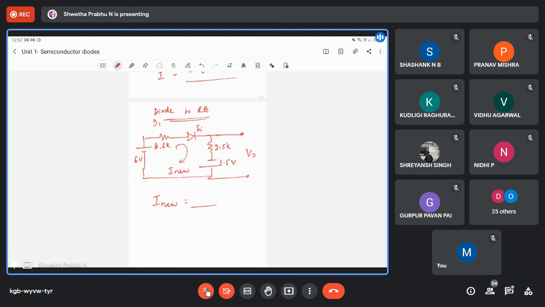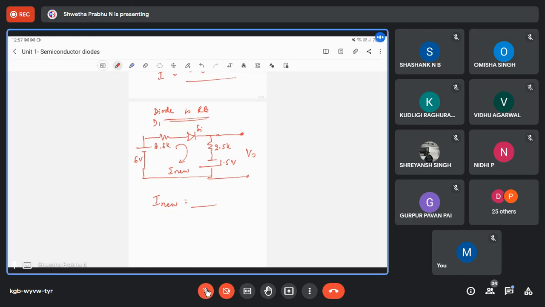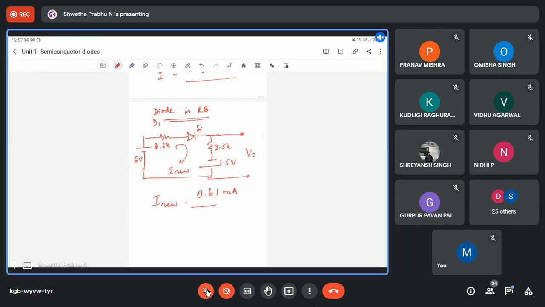Yes, guys, tell me what is the I new value? 0.6 milliamperes. Did you get this? Yes, ma'am. Okay, once you have calculated I new, find the output voltage with respect to this new current.